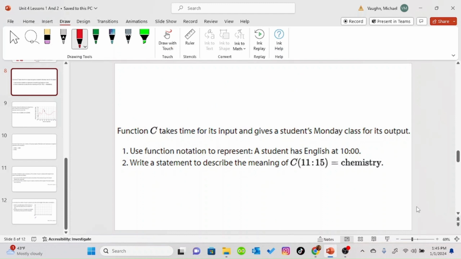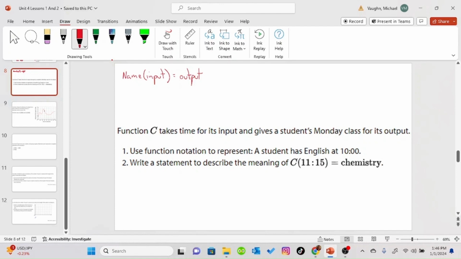Function C takes time for its input and gives a student's Monday class for its output. So if you remember, we have name, input, output. Number 1, use function notation to represent a student has English at 10 o'clock.